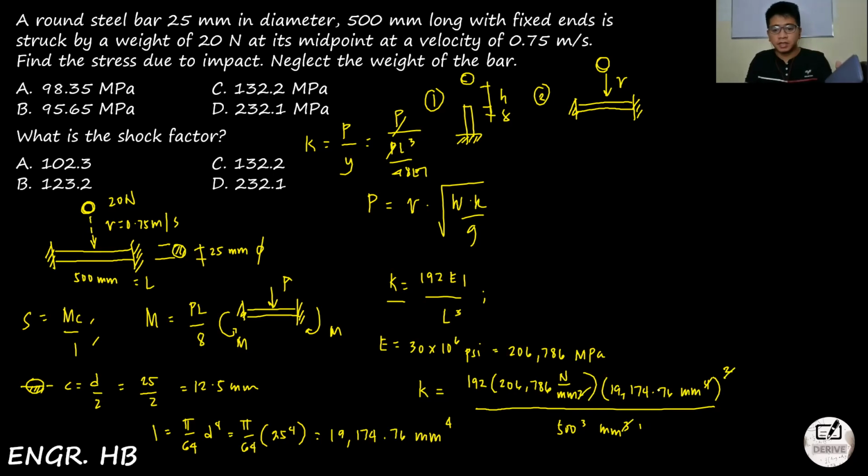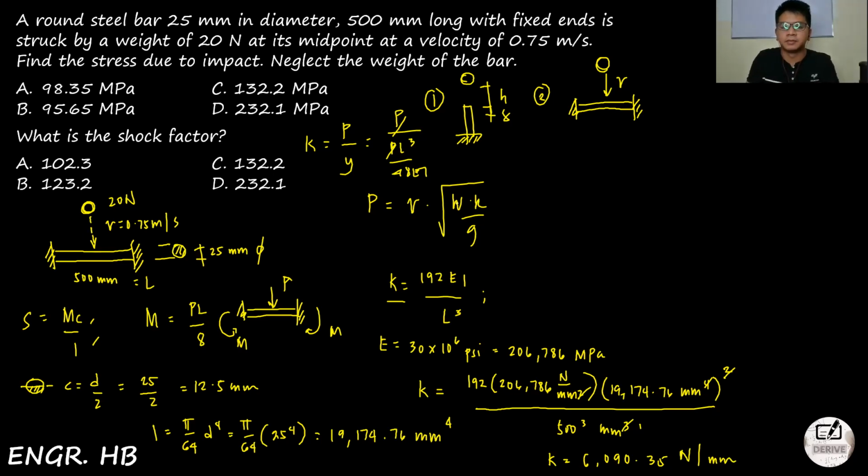So the unit of the K will become Newton per millimeter. So that will become, huwag mo naburahin yung I mo kanina, times 206,786 times 192 divided by 500 cube. So that will become 6,090.35 Newton per mm. So medyo umilalim na, no? Pero linawan ko lang ng konti. So 6,090.35 Newton per mm.